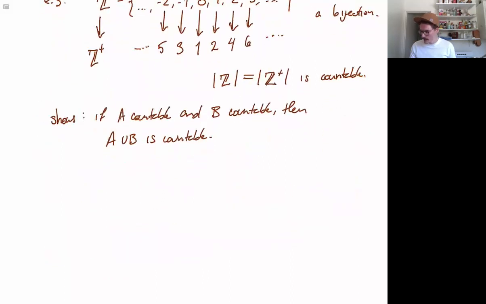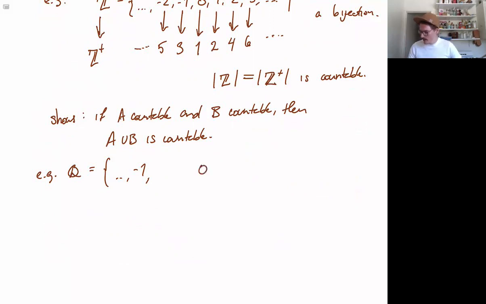Next example. The rational numbers. So these are not only infinite in two directions, but they are also infinitely dense in some sense.